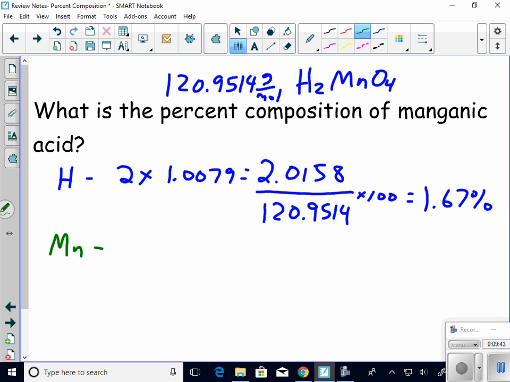Manganese, I only have 1 manganese, and that is 54.9380, correct?